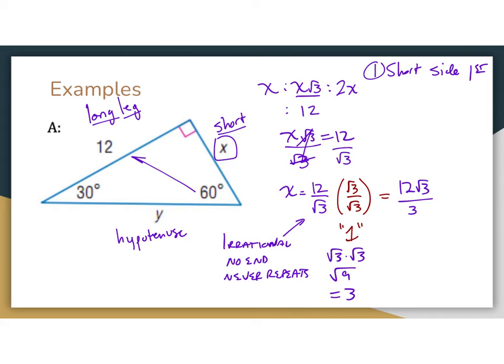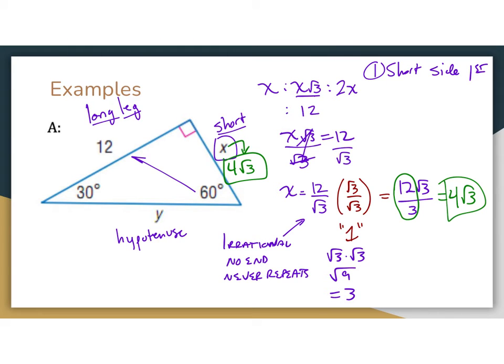So now I can do a little bit of simplification here. 12 over 3 will merely be 4 square root of 3. So now that's my simplified answer. Realize this is my short side. That's going to be what x is.